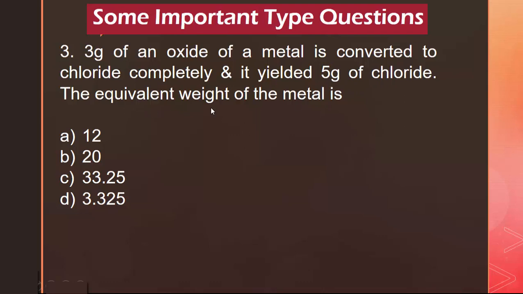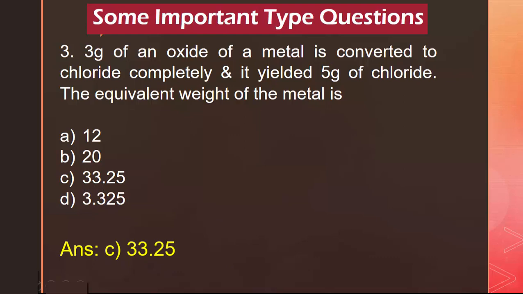Now we are supposed to find out the equivalent weight of the metal. Which one of the following 4 options would be correct? Option A 12, option B 20, option C 33.25, option D is 3.325. Now the correct answer is option C, 33.25.